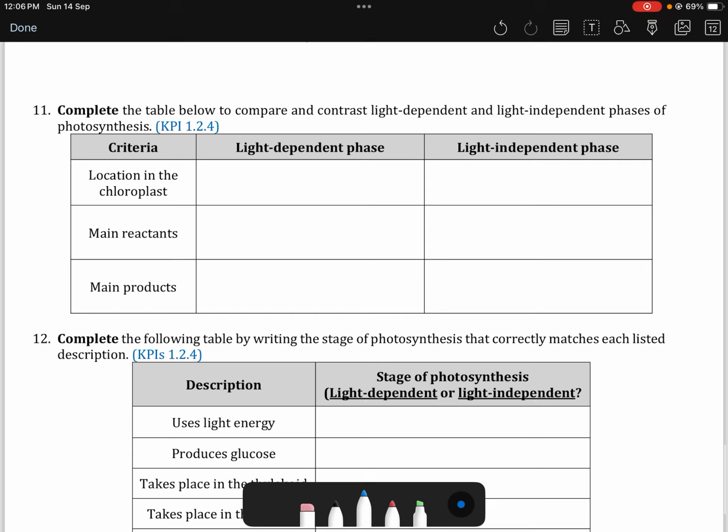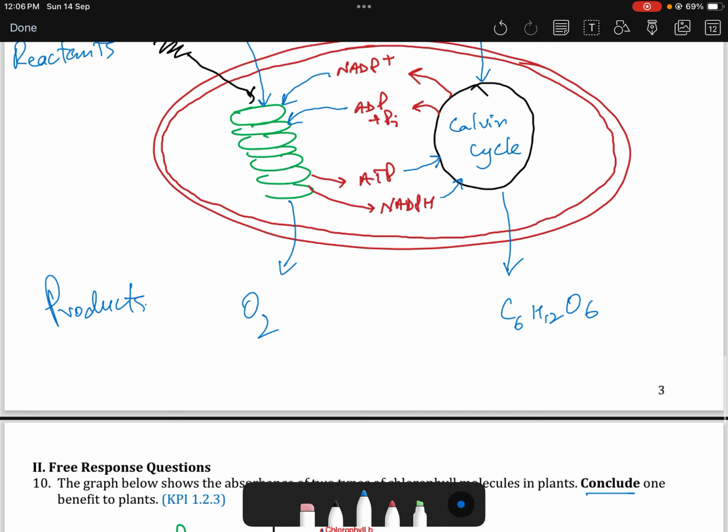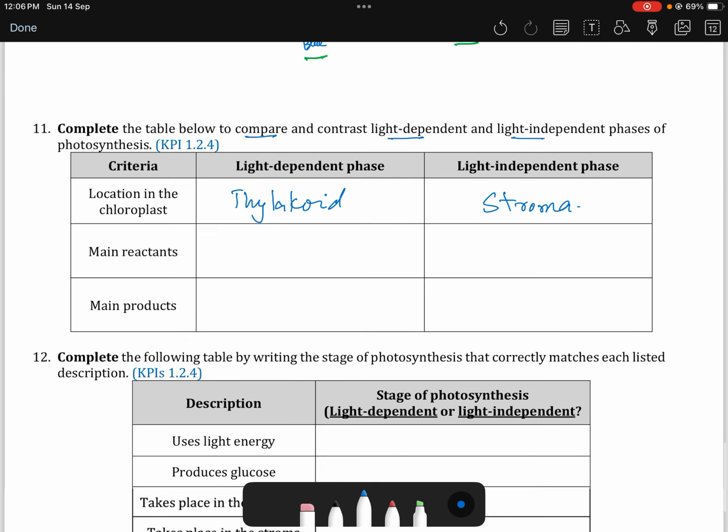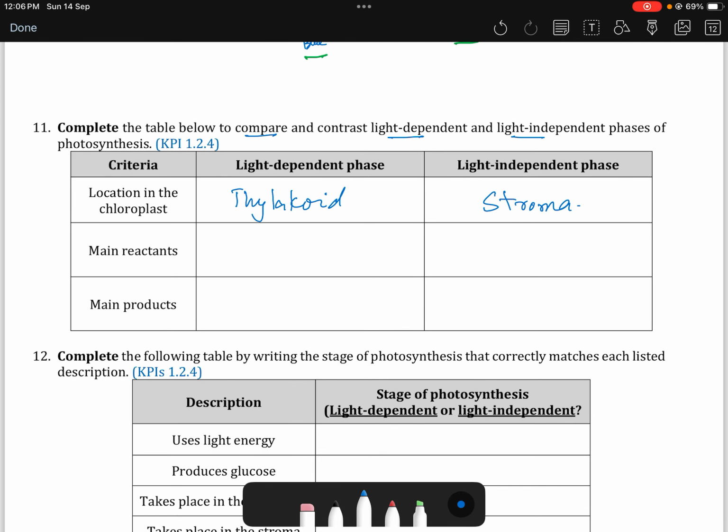Moving to the next, complete the table below to compare and contrast light dependent and light independent phases. We already studied this above. Light dependent takes place in the thylakoid, and light independent takes place in the stroma. What are the main reactants? I drew here all the arrows which are going in. Going into the light dependent reaction: water, light, ADP, Pi, and NADP plus.